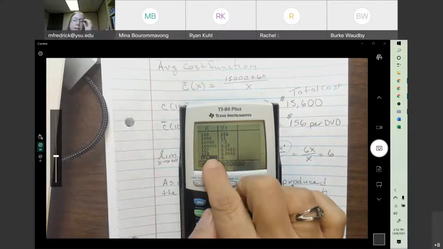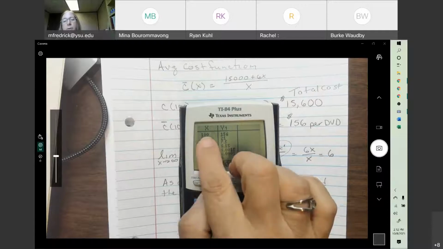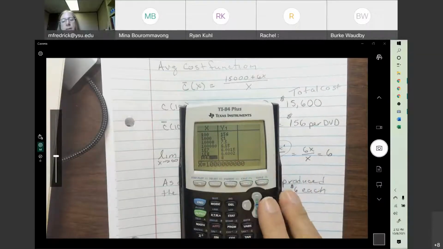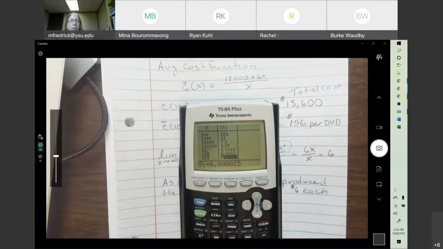Now notice when I highlight my number, it shows the whole number down here, at least more than it shows in your table. So if I go over to this 6, it's not actually 6. It's just that the amount that will hold here rounds to a 0, so it's 6. So it will get close to 6, but it never reaches it.